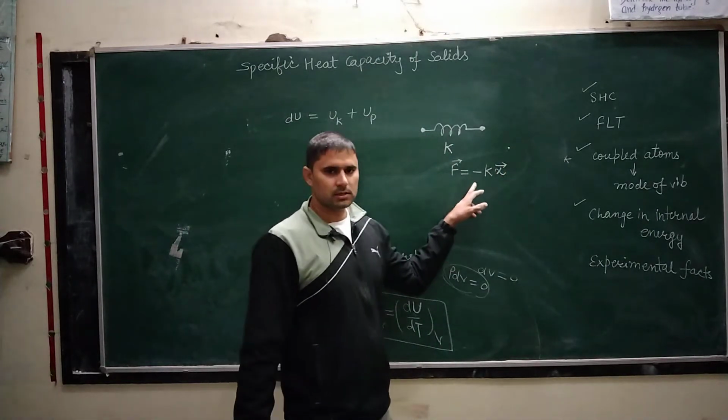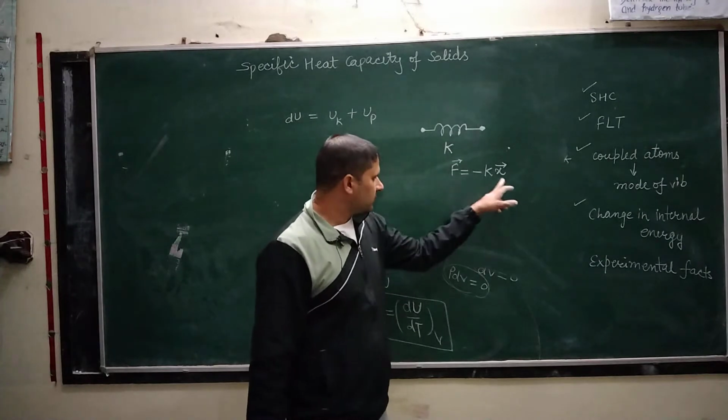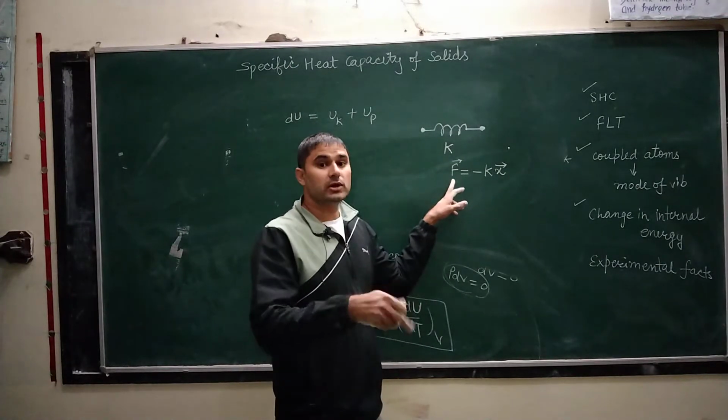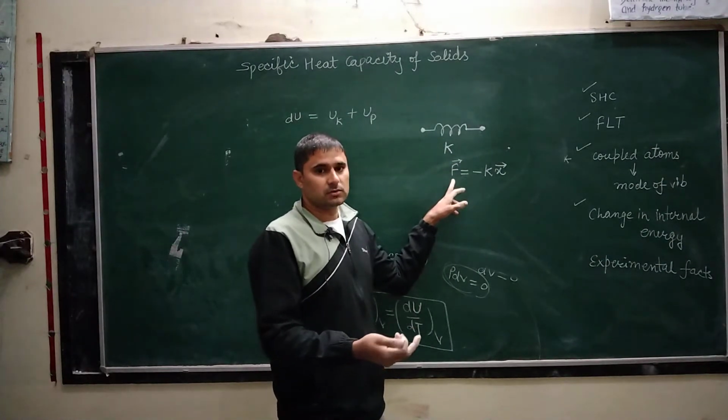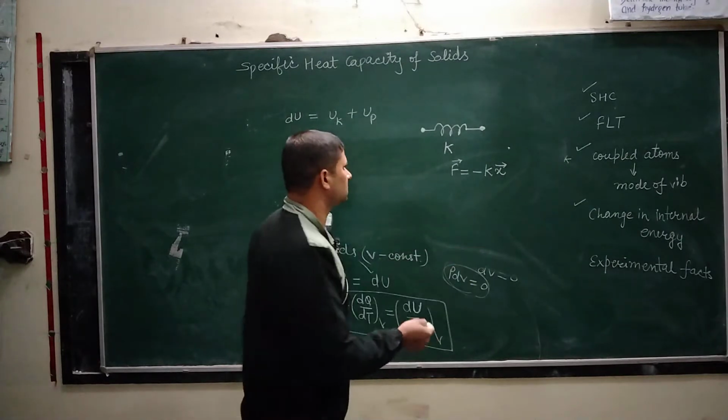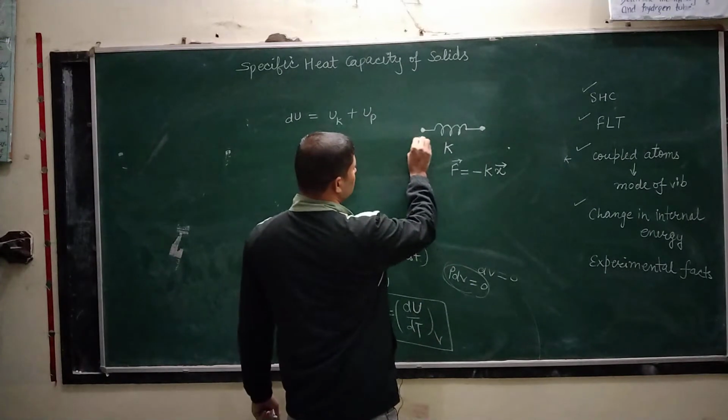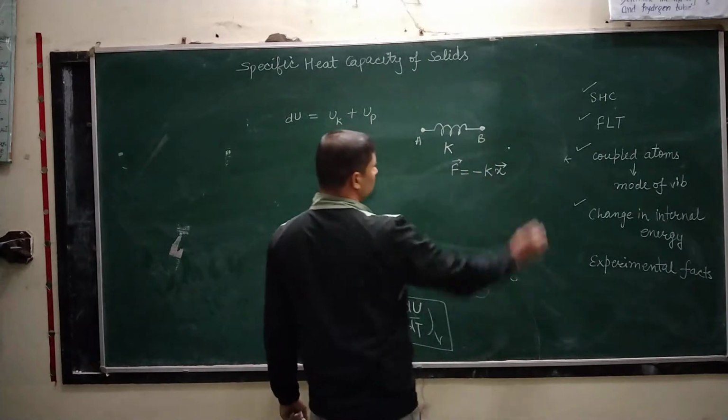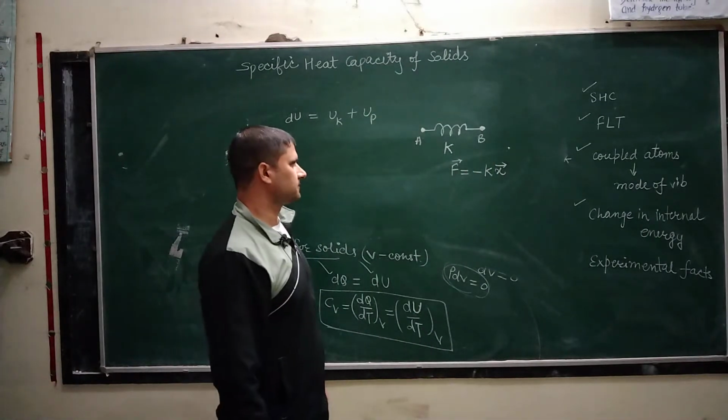The minus sign is here because the direction of displacement and the restoring force developed are in opposite directions. So here two atoms are there, A and B, which are at the lattice points.